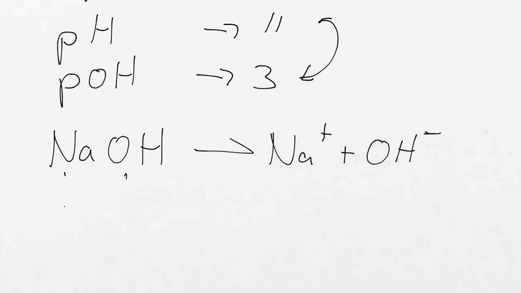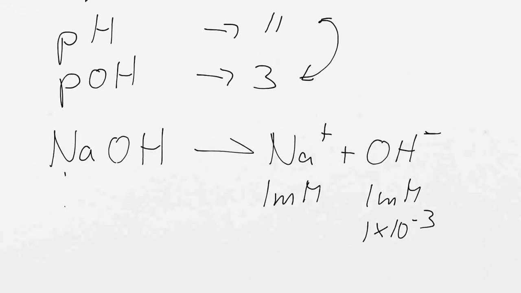So what do we get? How many sodium ions do we get? 1 millimolar. How many hydroxide? The same, 1 millimolar, or 1 times 10 to the minus 3 molar. Yeah?